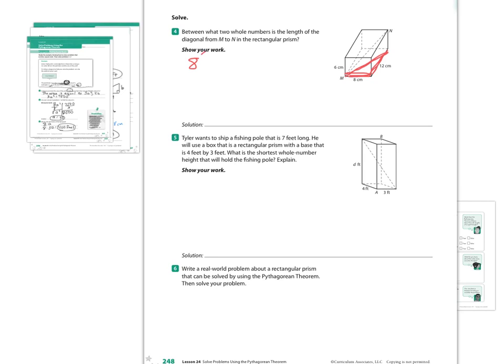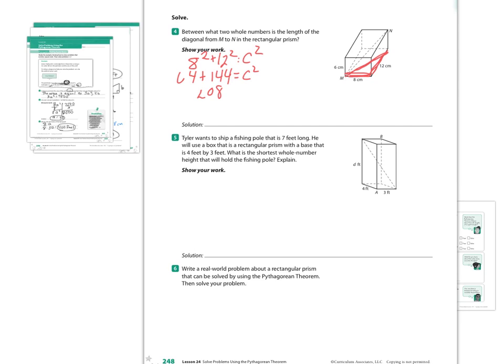8 squared plus 12 squared is equal to c squared. So we're finding the hypotenuse of the base. Evaluating this equation, we have 64 plus 144 equal to the square of c.